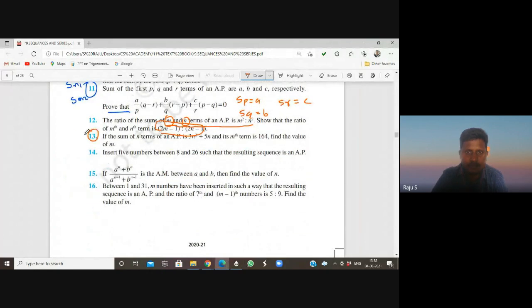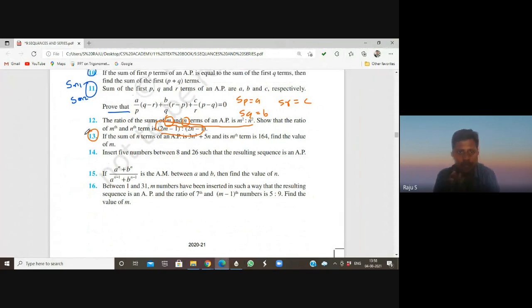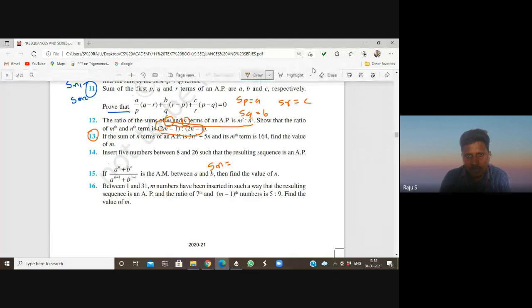So the 13th one. The 13th one is the sum of n terms in AP. So Sn value they have given. What is Sn? They gave 3n square plus 5n. This is Sn. Mth term: Am is equal to 164.